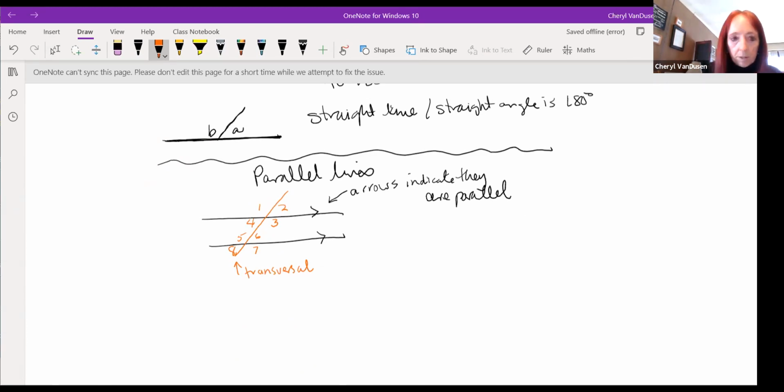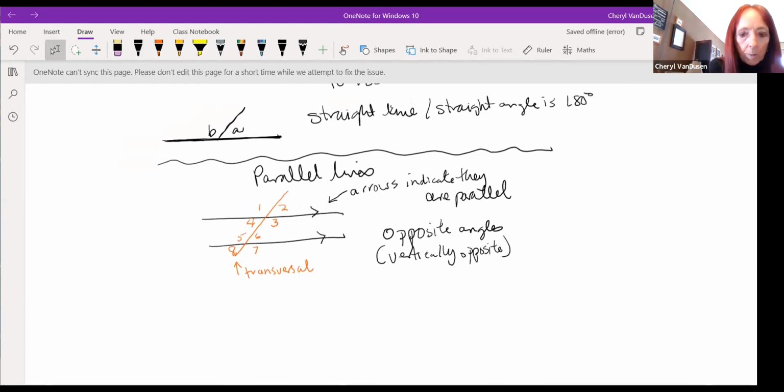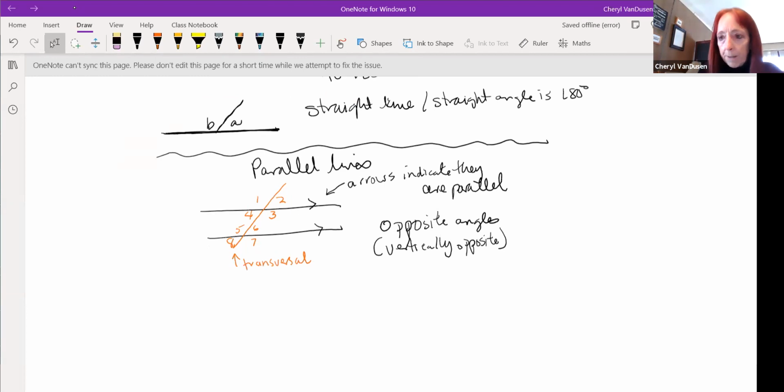Okay, so the first type of angle that comes up that we can talk about is opposite angles. Now, I always want to call them vertically opposite. So if you're watching a YouTube video or something, just know that opposite angles and vertically opposite angles are the same thing.